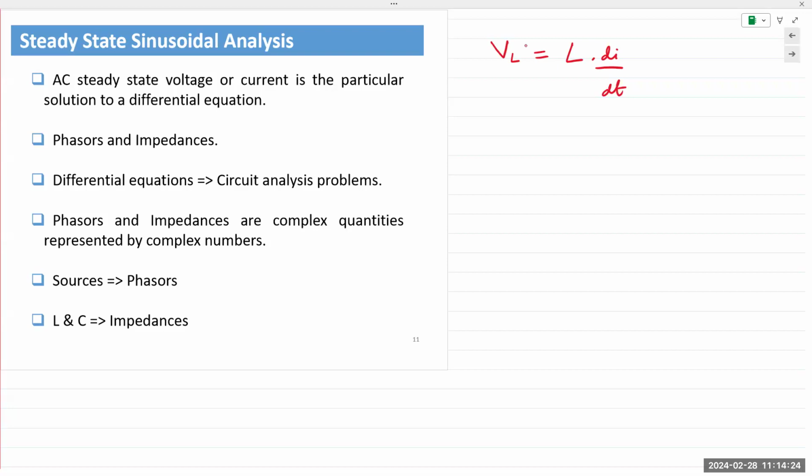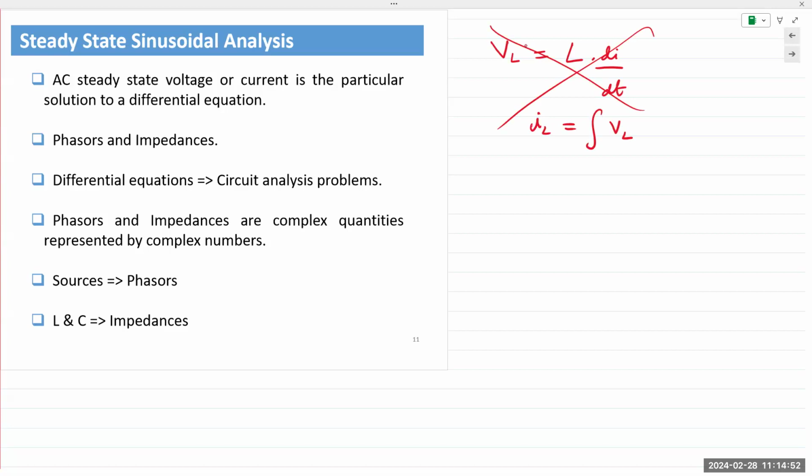And what happens is it reduces our circuit into simple circuit analysis problems. And we can apply the techniques that we learned in chapters 1 and 2 to AC analysis. All of the techniques. So we would not have to perform integration of VL to find the current for the inductor or the voltage for a capacitor.